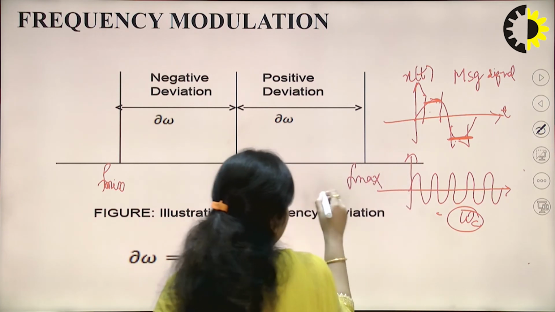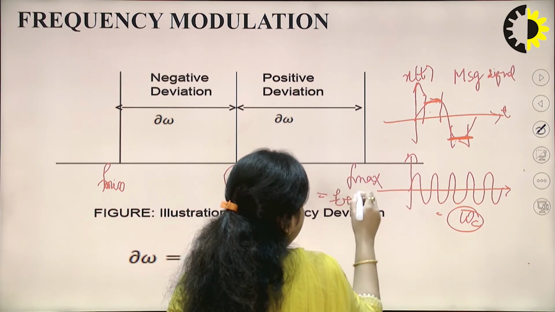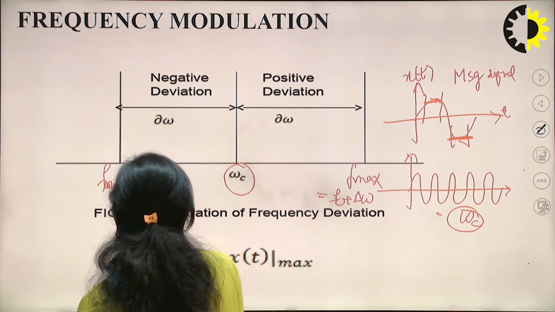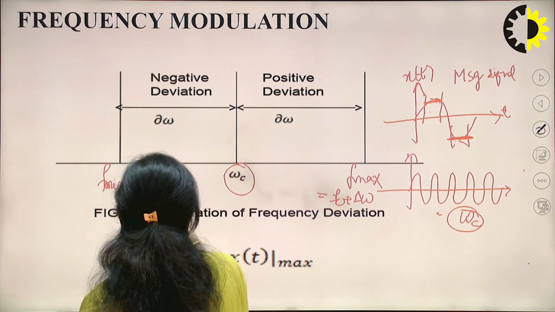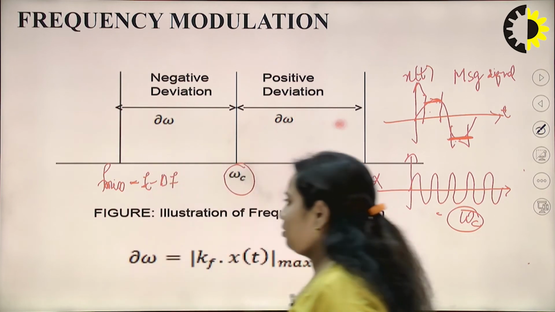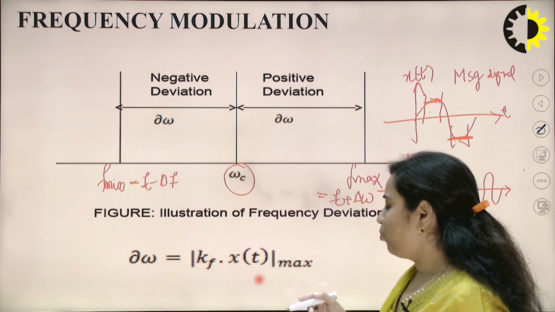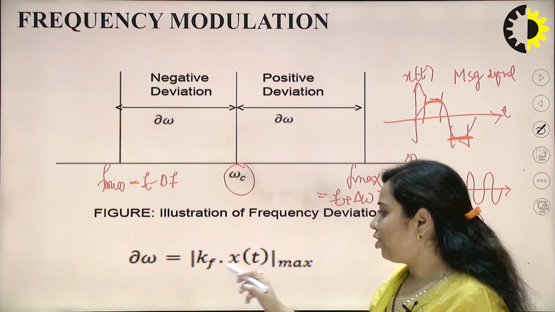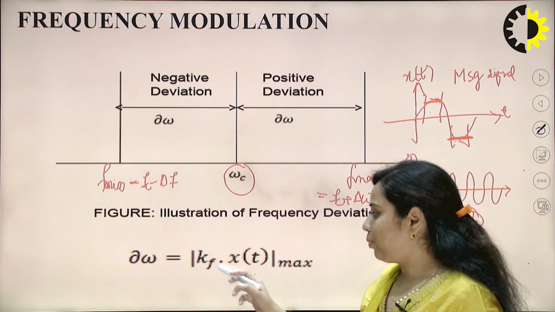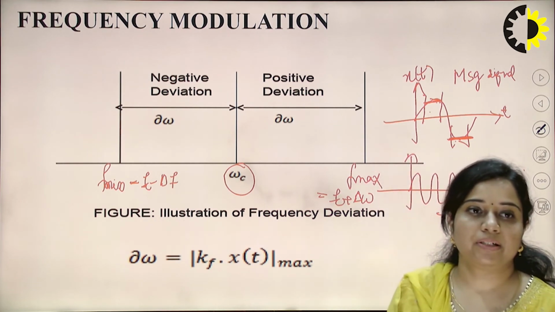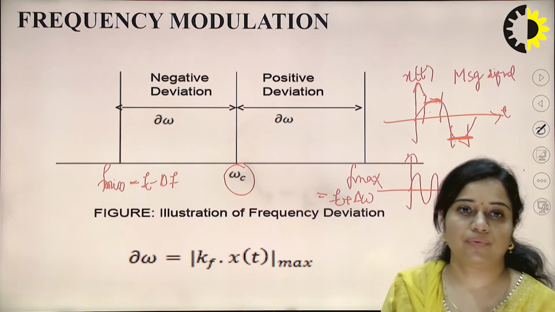So its value will be fc plus delta f, and f minimum will be equal to fc minus delta f. So you can see that this is known as the frequency deviation. Its formula will be modulus of kf, that is the frequency sensitivity, whose unit is hertz per volt, multiplied by the maximum amplitude of the message signal.